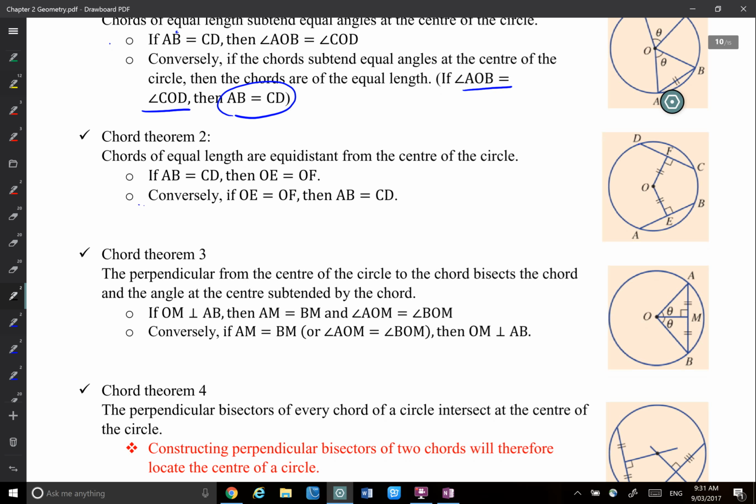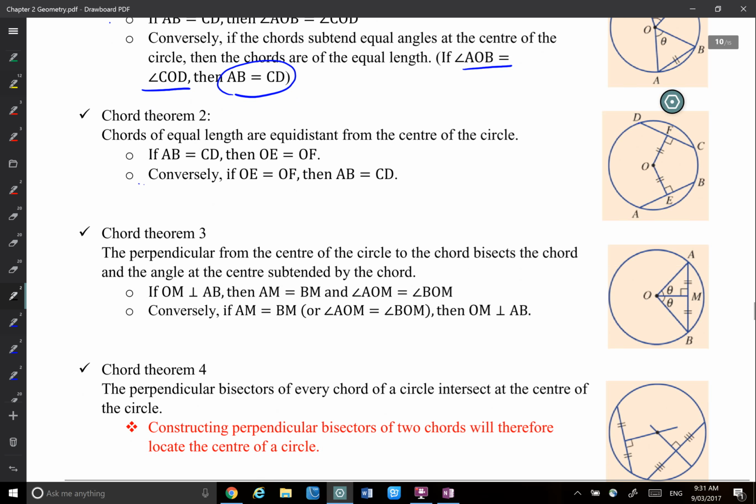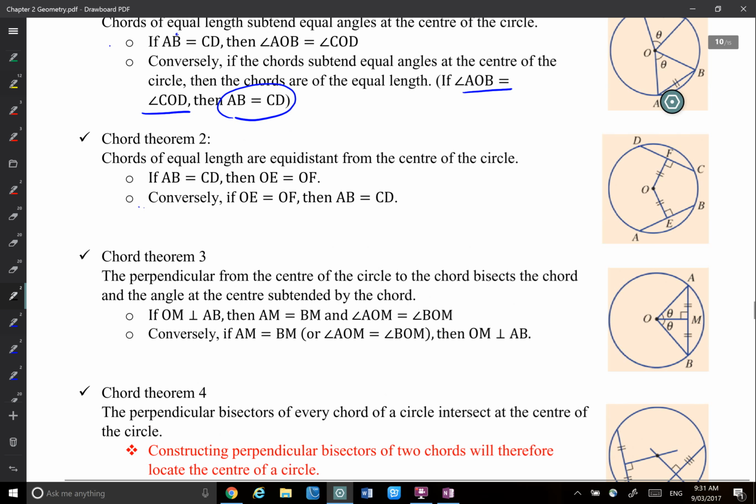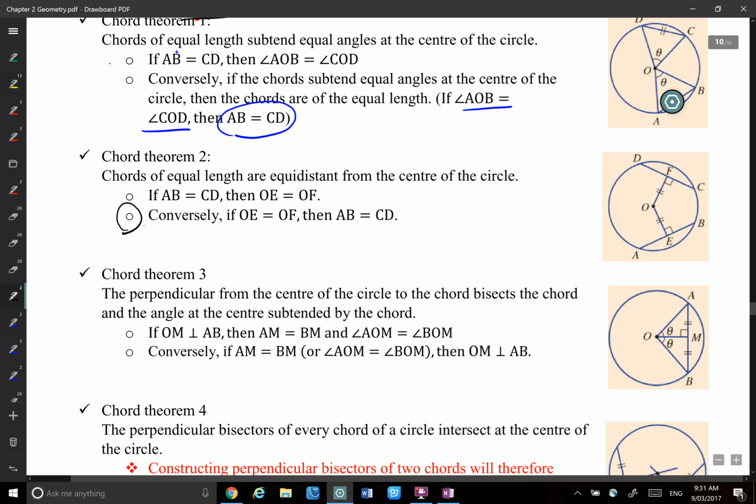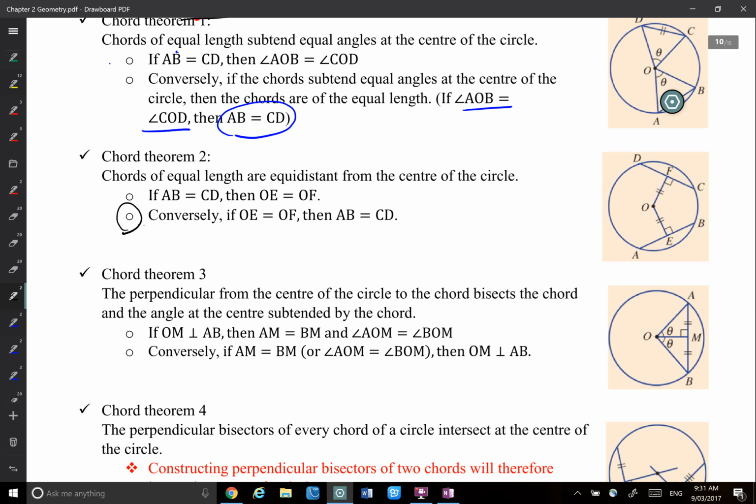And theorem number 2, we have proved the second one. We haven't proved the first one. So this theorem is talking about if we have CD and AB, they are equal lengths, and then the distance from the center to the chord will be the same.